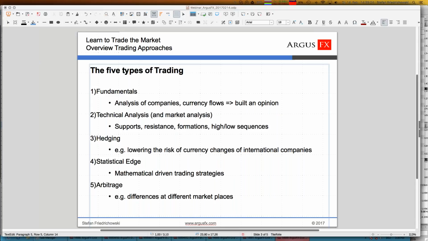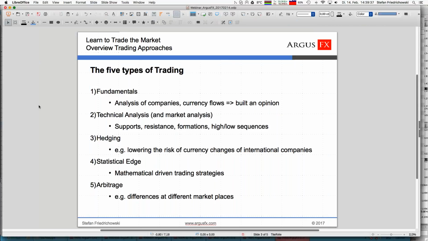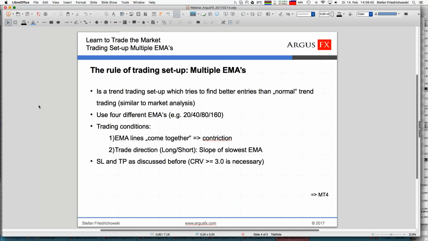So one approach for trading I want to show on my next slide. I hope that my computer comes back here now because I have to switch to the next slide. And that is one trading setup which runs under the name multiple EMAs.